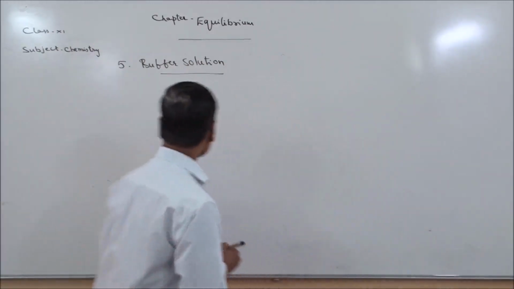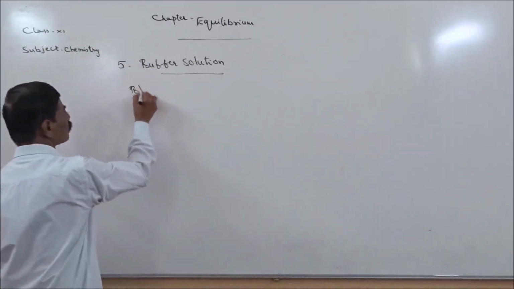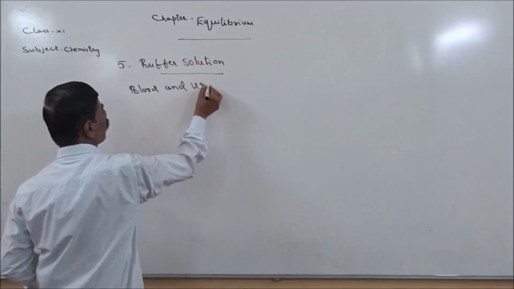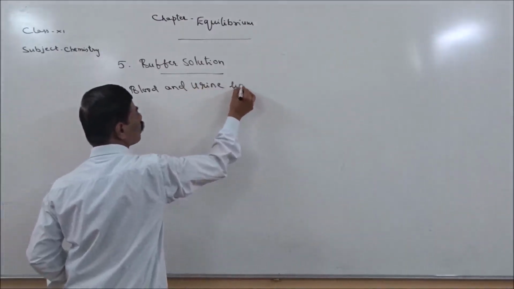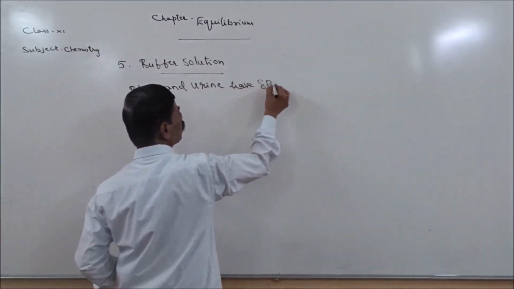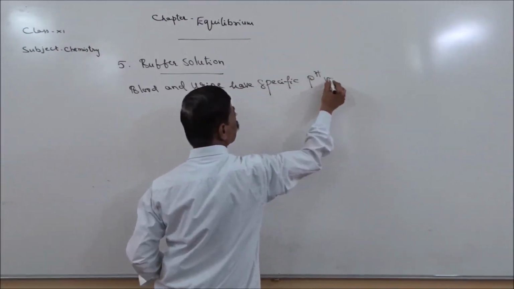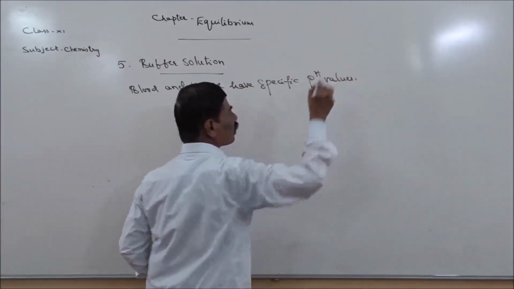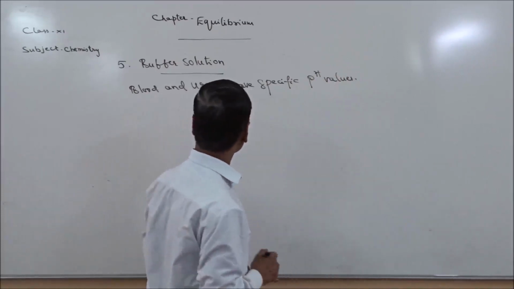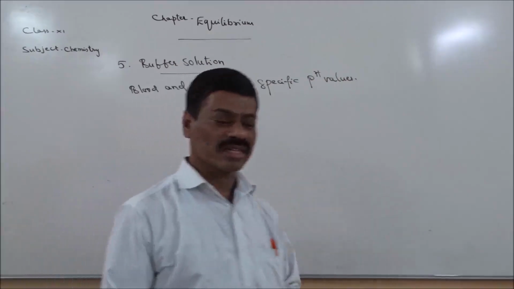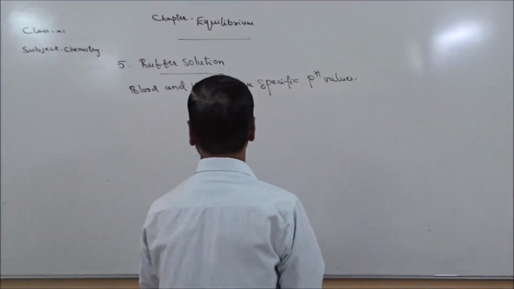Right? So, blood and urine have specific pH values. Variation in these pH values will indicate malfunctioning of our body.